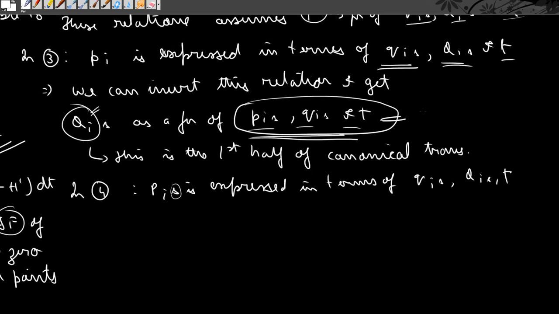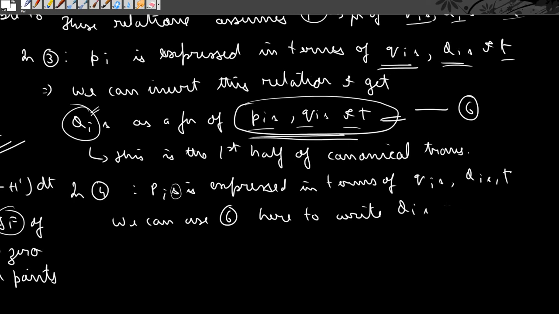Now if I call the relation we got there relation number 6, we can use 6 here to write Qi's in terms of the old coordinates, old momenta and time.